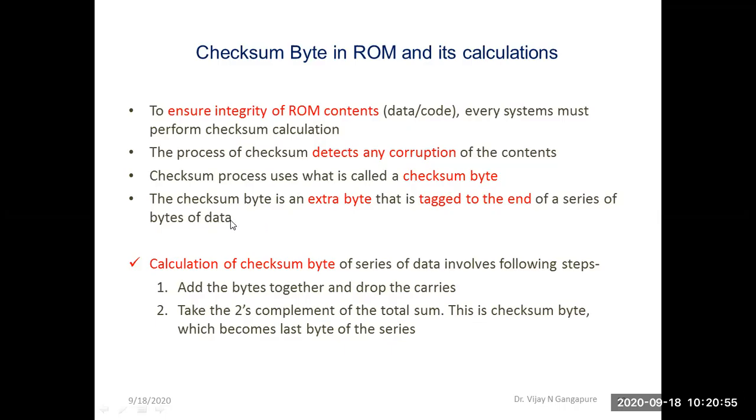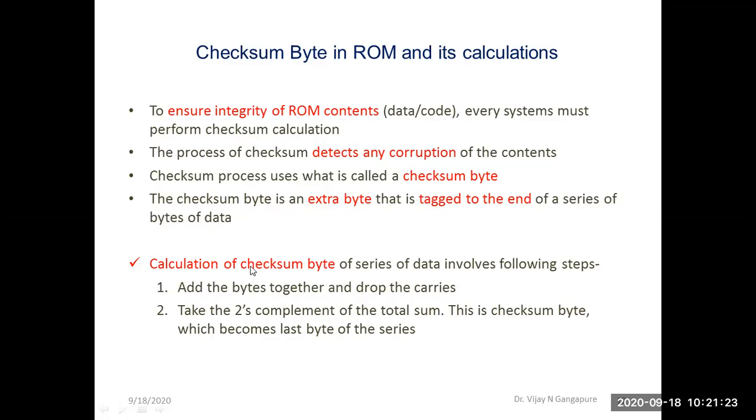So at the end of the hex codes, we write this extra byte, called the checksum byte. That gets written with the original hex file on the program ROM of the microcontroller, and by using that checksum byte, we can perform the integrity check.